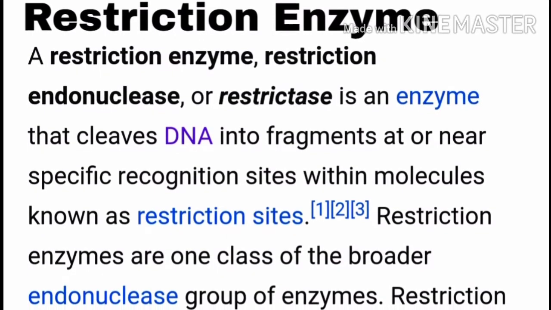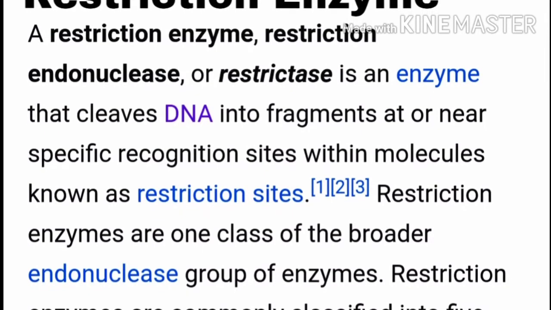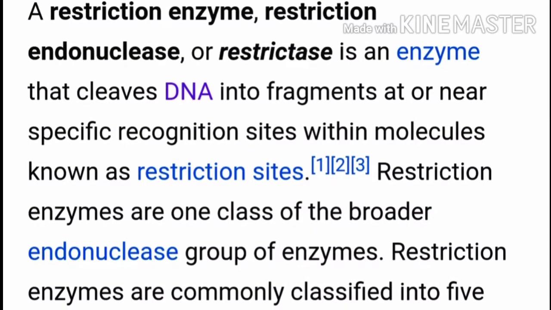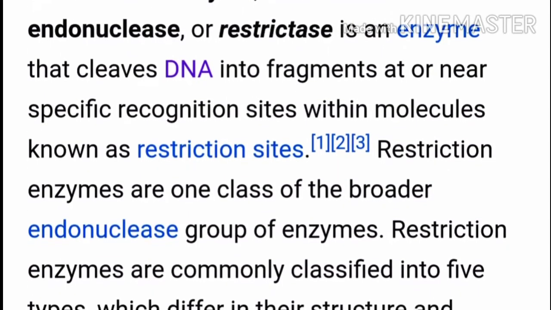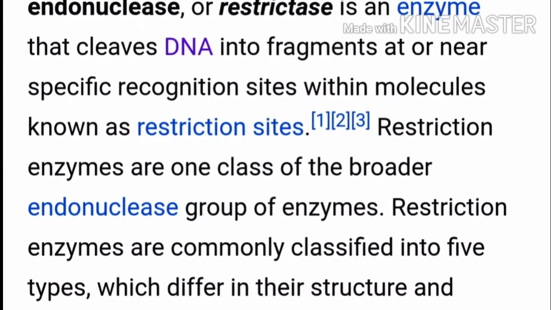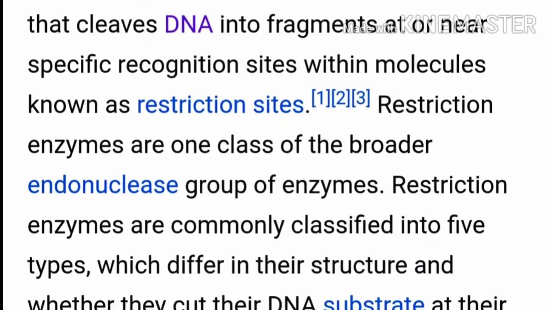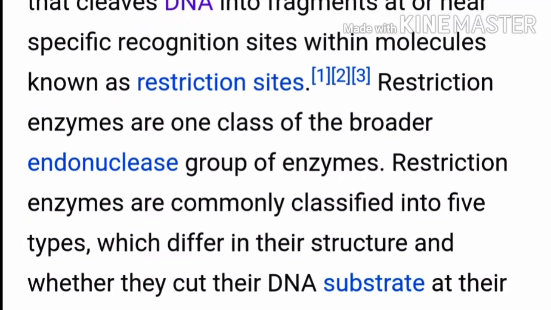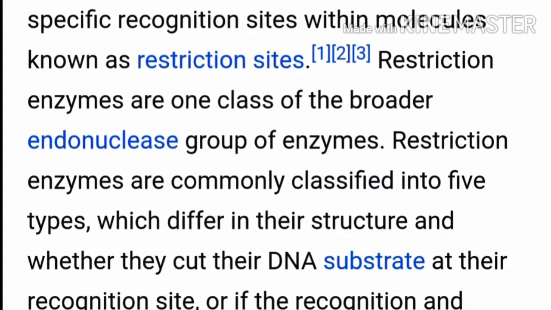First, the restriction enzyme. A restriction enzyme or restriction endonuclease is an enzyme that cleaves DNA into fragments at or near specific recognition sites within molecules known as recognition sites. Restriction enzymes are one class of the broad endonuclease group of enzymes.